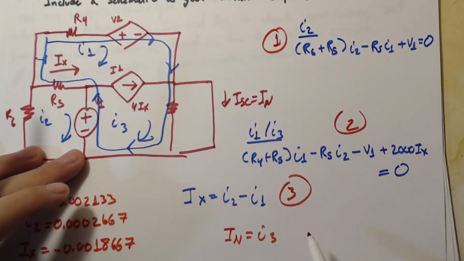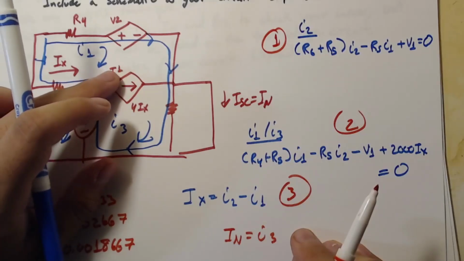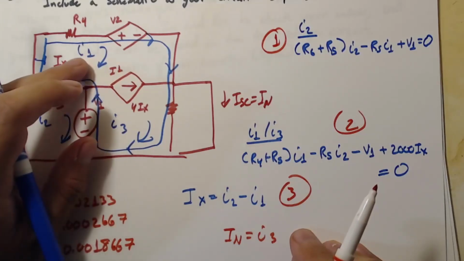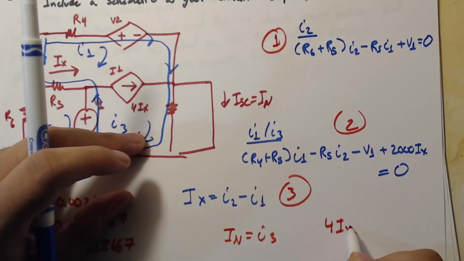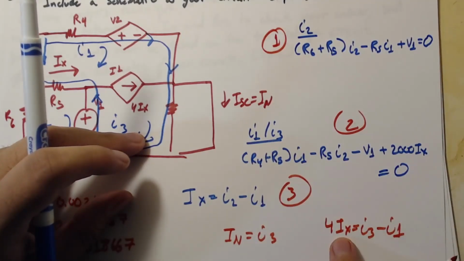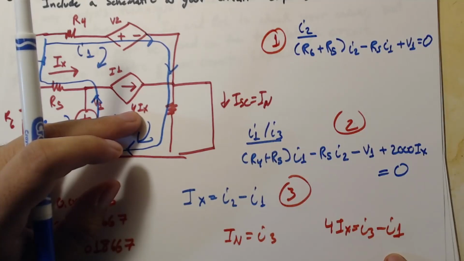Now, here's the deal. Remember the relationship between I1? It has a relationship for I1 and I3. So we may write this: 4Ix equal to I3 minus I1. The reason why we can do that is because I1 is equal to 4Ix, and it's the dependent source.